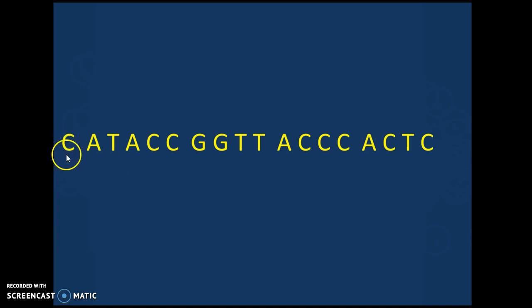So C will pair with G, and A will pair with U, not T, because messenger RNA does not have a T. So again, like we did before, pause the video and fill this in so that you can check to see that you can do it, because this is something where practicing helps make a big difference in your competency to carry it out.